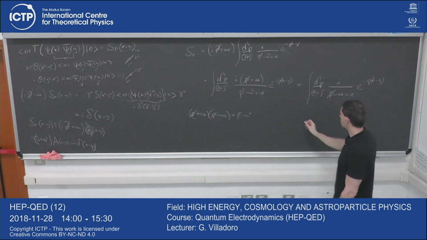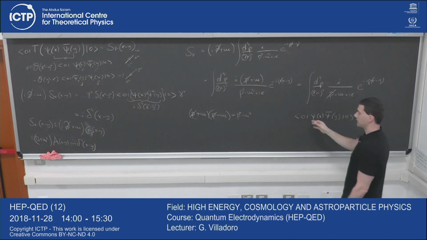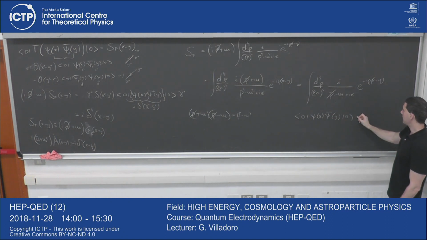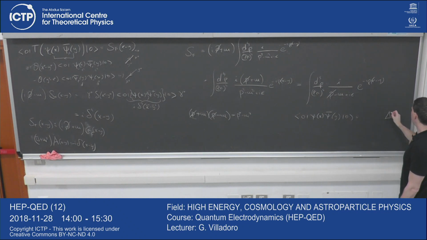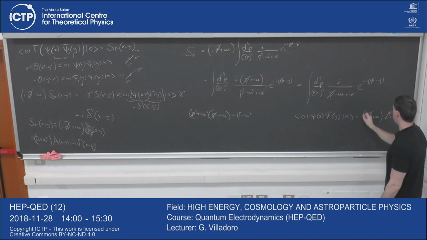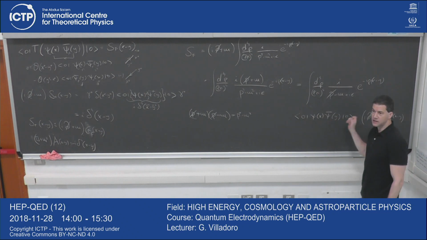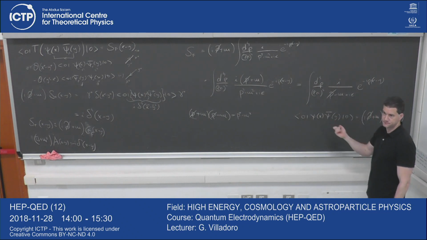For example, if you just want to compute the vacuum expectation of psi of x, psi bar of y without time ordering, for the scalar case this was what we call delta plus of x minus y. And now it's just i the slash plus m of the same guy. If you compute the inverse, there is an extra minus because it changes the order.